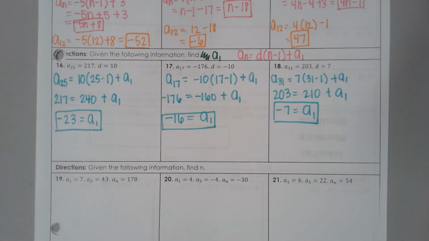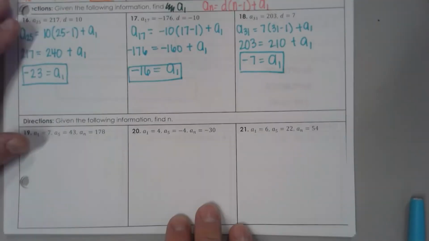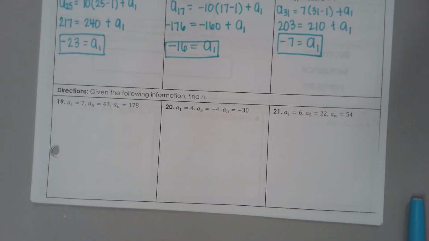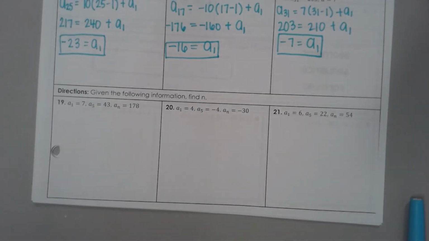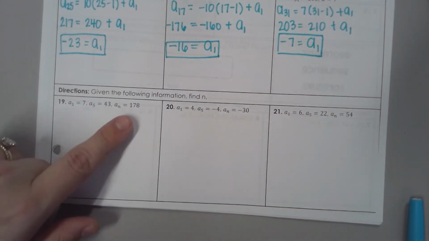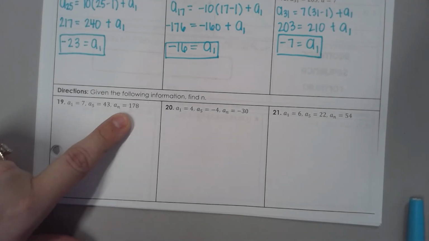Okay. Now our last types of questions that we're going to see. I've given you the first term. I've given you a random term. And then I've given you another term, but you don't know which number that is. So like, I know the first term, I know the fifth term, and I know one of the numbers is 178.